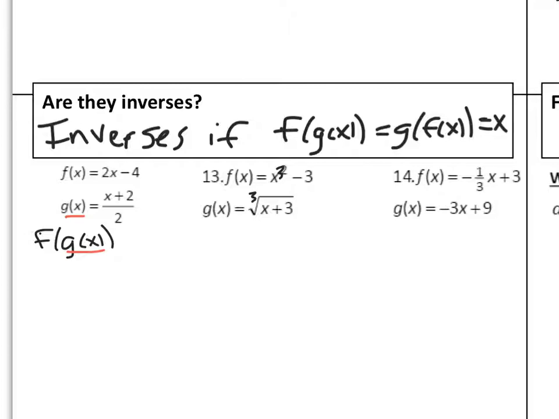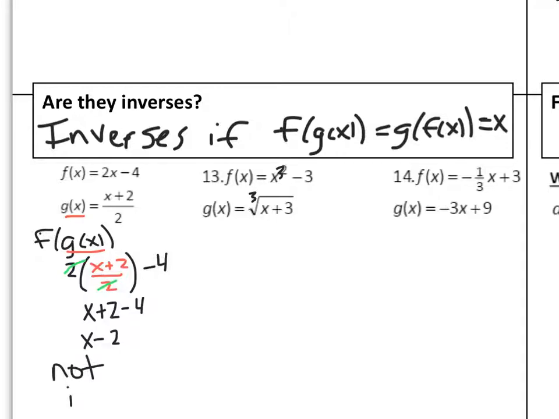So 2 times g of x, which is (x plus 2) over 2, minus 4. When I do that, the 2 and the 2 cancel. So I have x plus 2 minus 4, which gives me x minus 2. So I didn't reduce to x, so these are not inverses.